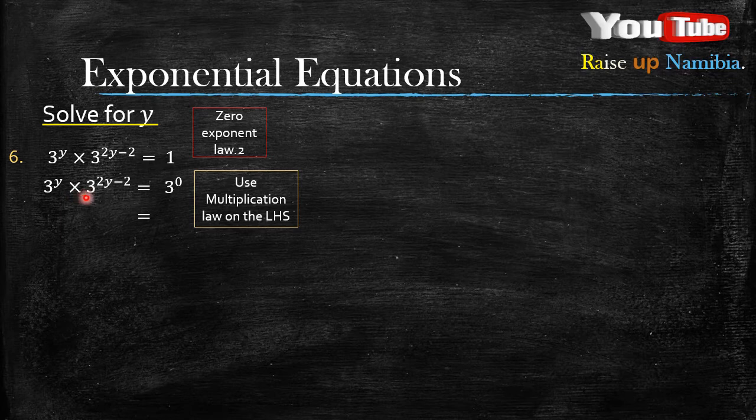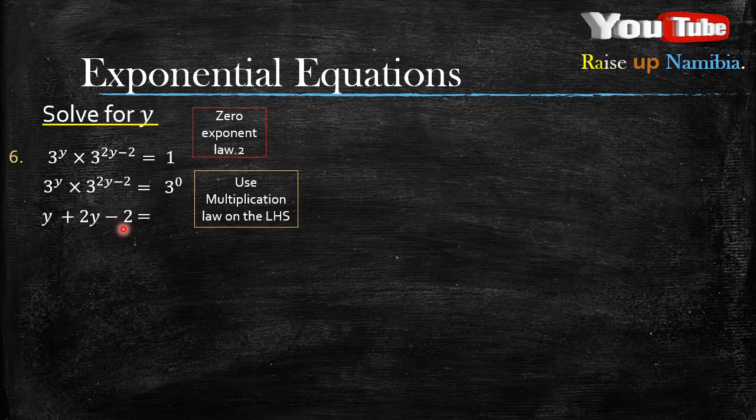If you watched the previous videos, the multiplication law states that if the bases are the same, you add the exponents. So what are our exponents here? Our exponents are y and then 2y minus 2. So when we add them, we'll have y plus 2y minus 2.